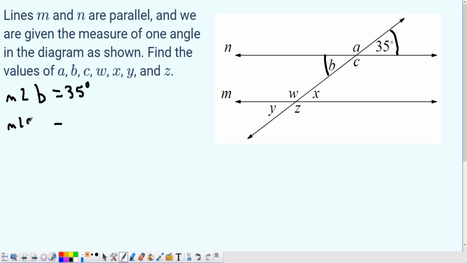The measure of angle A is going to be equal to, well, if it's not 35, it must be supplementary with 35. Hence, add up to 180. So if we take 180 minus 35, we will get our measure. So the measure of angle A, well, 180 minus 30 is 150, minus 5, 145.